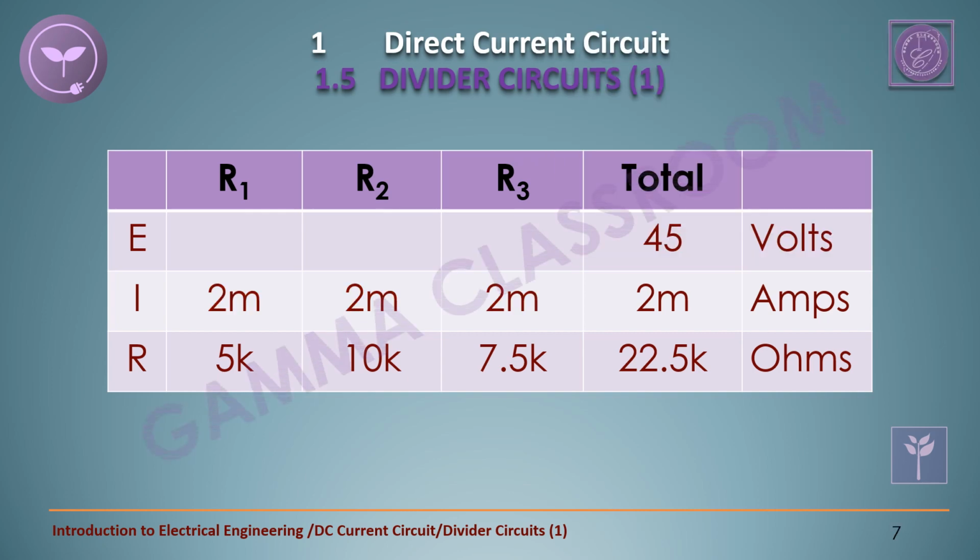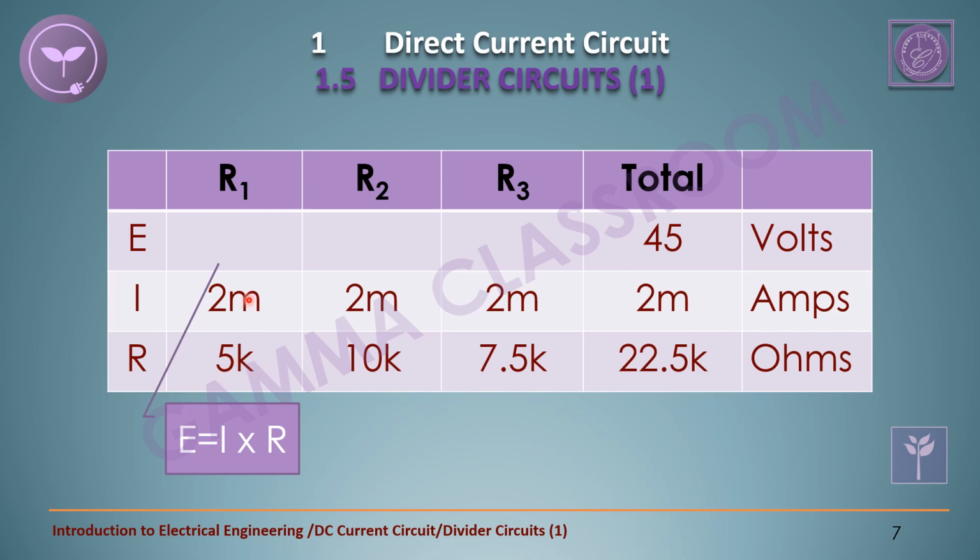Let's take a look at R1. We already know the values of current and resistance, so according to Ohm's law, we can get the voltage drop on R1. E equals I times R. The current is 2 milliamp and the resistance is 5 kilo ohm.